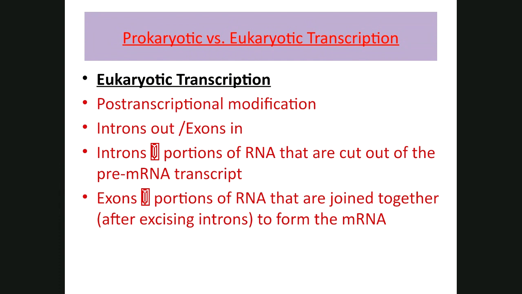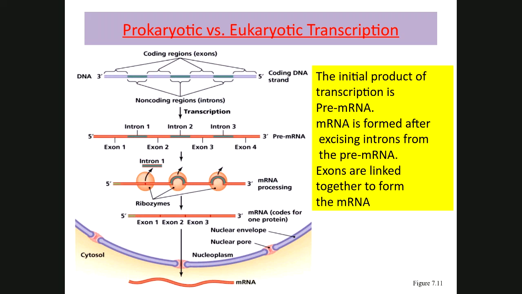In eukaryotes, on the other hand, there's another process that is very, very unique. It's called post-transcriptional modification. And post-transcriptional modification is a process that modifies the messenger RNA after it has been made. Essentially what happens is that when the messenger RNA is made, there are pieces of the messenger RNA that are trash sequences.